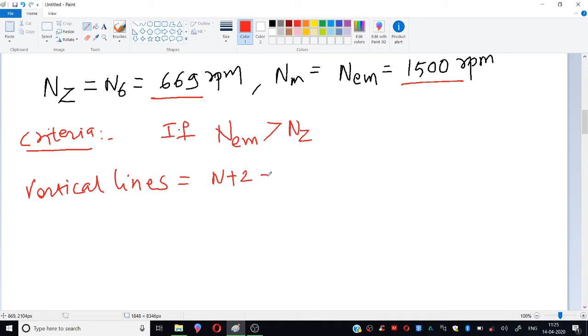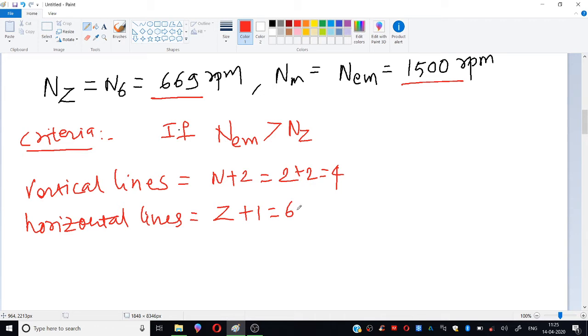Here n is the number of stages plus 2, which is equal to 4, and for horizontal lines we should have z, total speeds, plus 1.